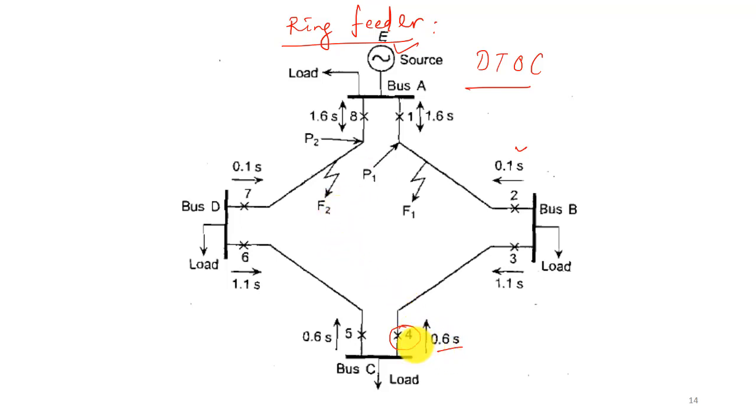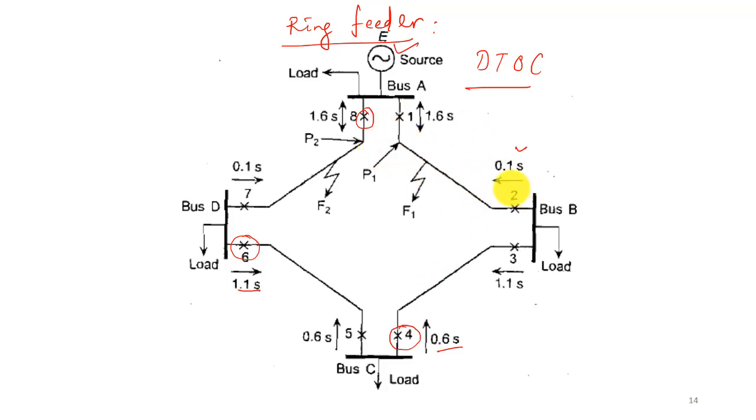Then for relay 4, the backup relay will be relay 6, and hence the delay time is set at 0.6 plus 0.5, that is 1.1 second. And for relay 6, the backup relay is relay 8, so your delay time is set at 1.6 seconds, right? Similarly it is found in the clockwise direction, and similarly in the anti-clockwise direction also it can be found.